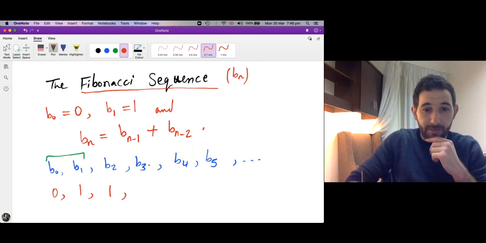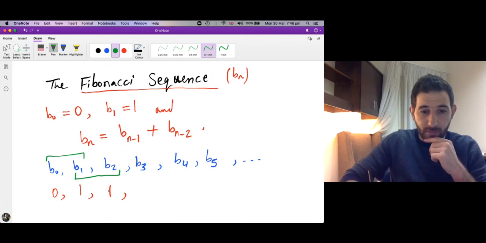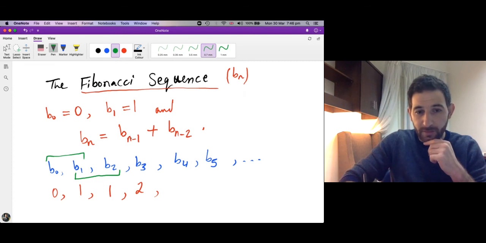Now to obtain B3, again we sum B2 plus B1. So we sum these two to obtain B3. So 1 plus 1 is 2. Now how do we obtain B4? B4 is equal to B3 plus B2. So I need to sum these two to obtain B4.